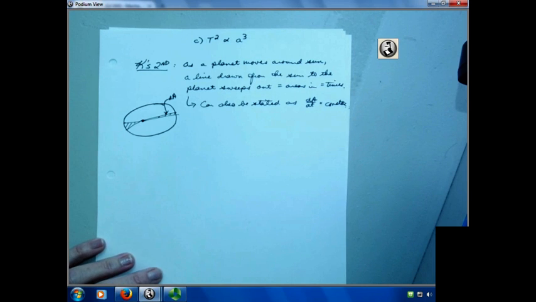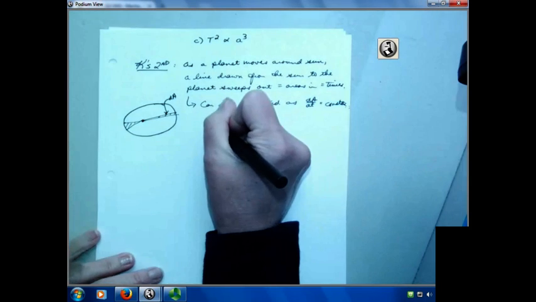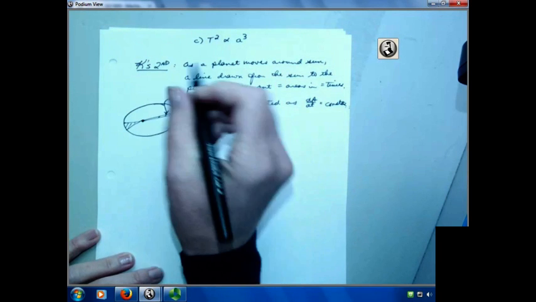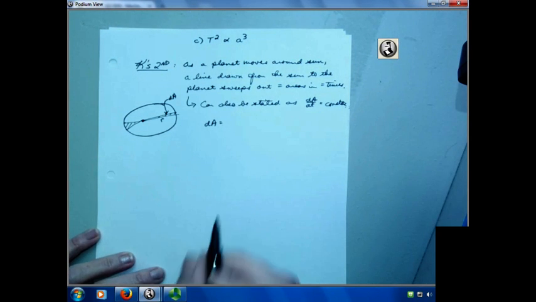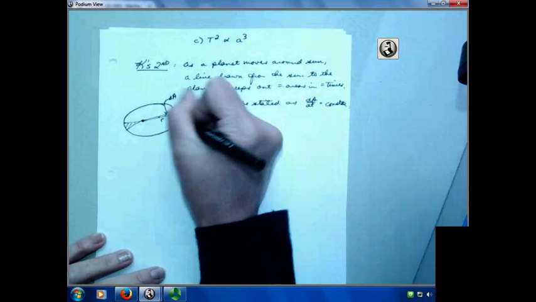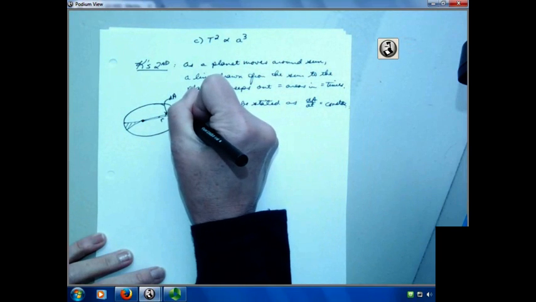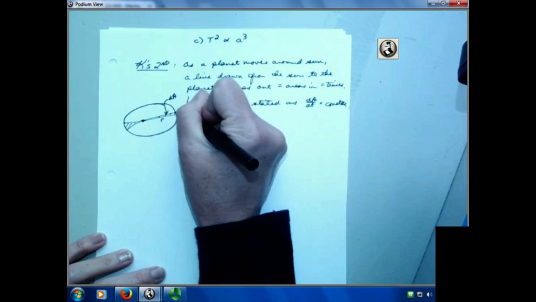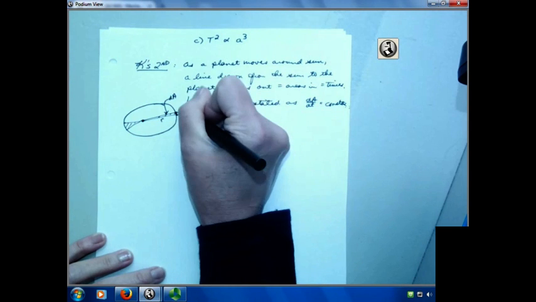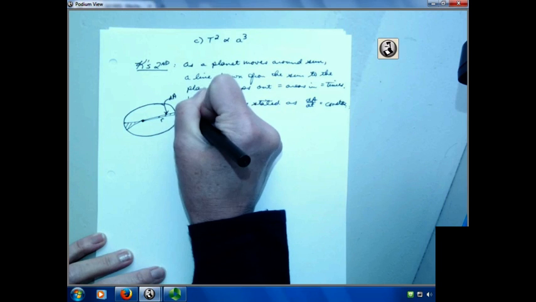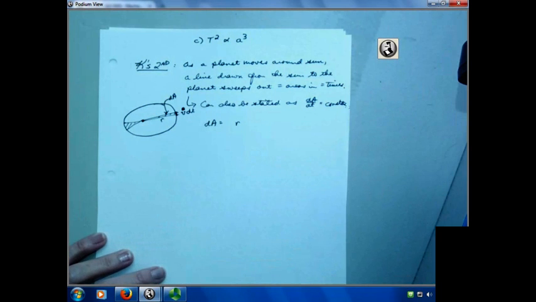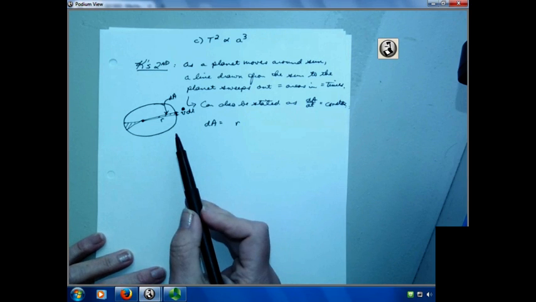Then our expression for that would be: we've got r here, which is the distance to the planet from the sun, times the velocity of the planet, times dt. I see that I can make a triangle.